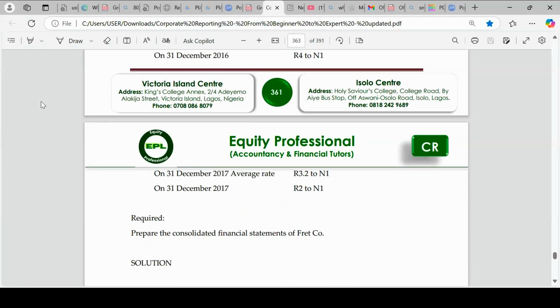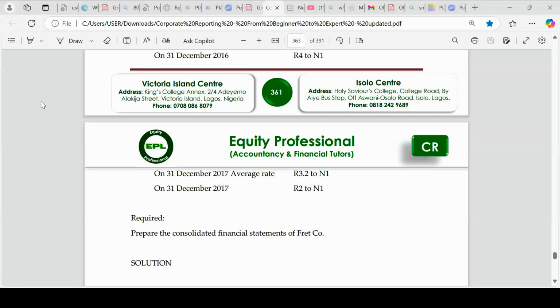We're told to prepare consolidated financial statements of Fred Co. If the different dates they have given confuse you, know that the date of consolidation is very important.